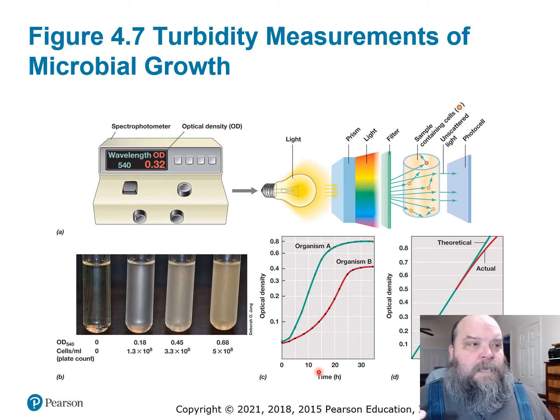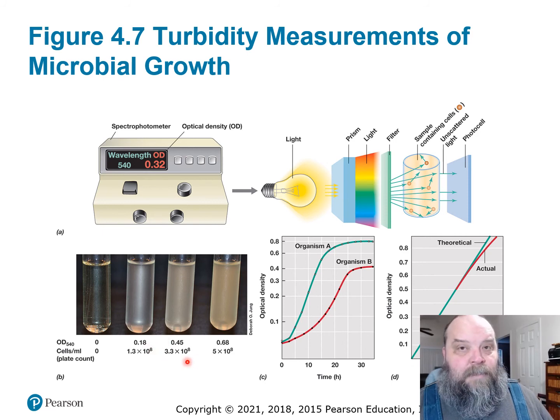There are so many variables you have to take into account, but it's a great means for showing, hey, look, OD 0.45, well, that corresponds to 3.3 times 10 to the 8th. 3.3 times 10 to the 8th, that's 330 million bacterial cells.